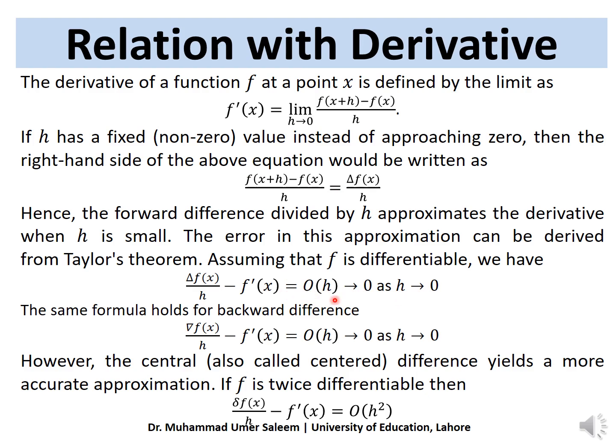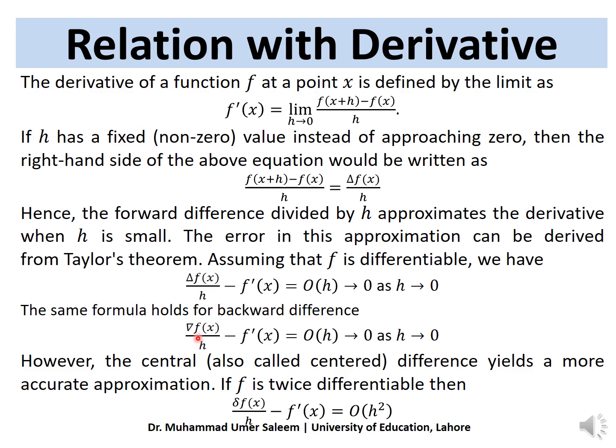But the main point that we should know here is the error is of order h. The same formula holds for the backward difference, because the only change, as I told you in the previous slide, is that there is a relationship between forward and backward difference.